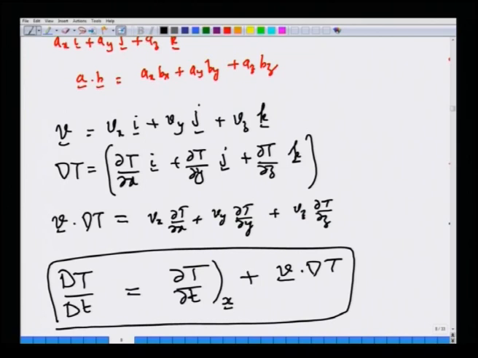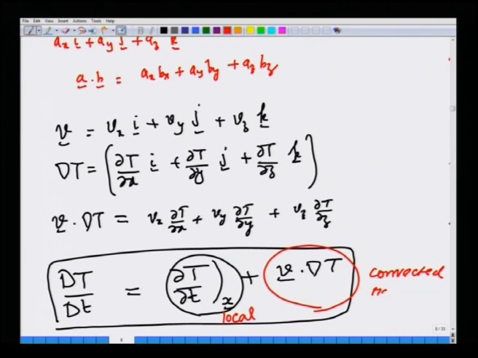Okay. This is sometimes called the local rate of change, and this is called the convected rate of change. Okay.